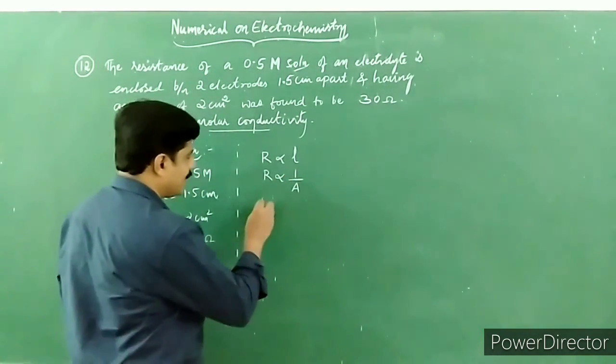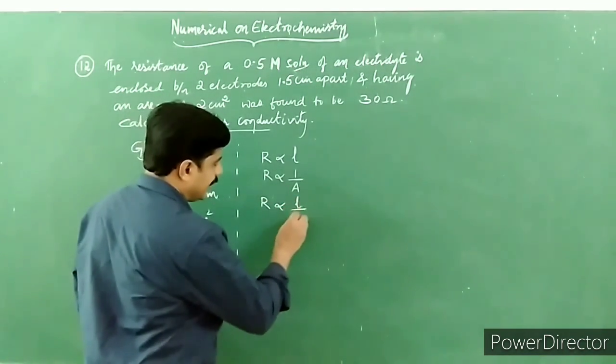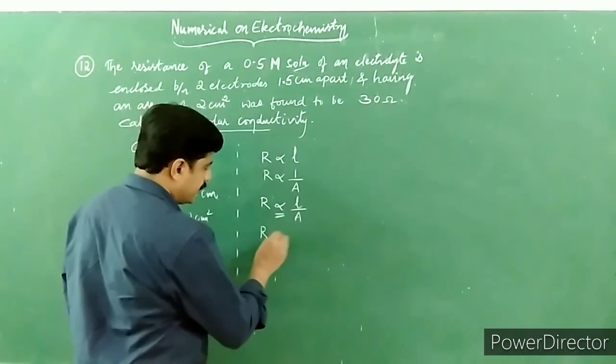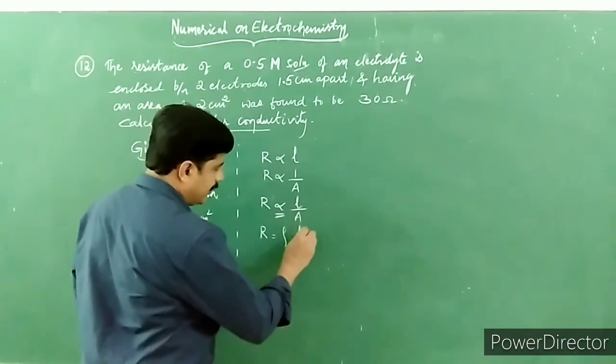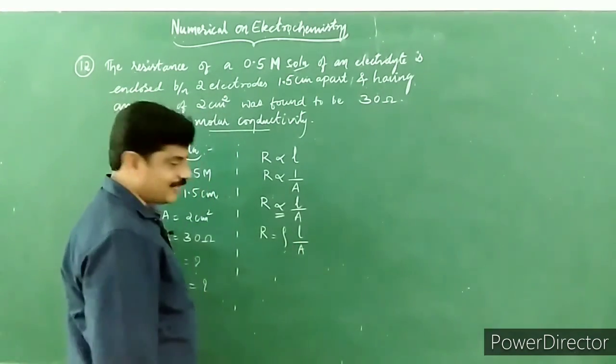Now in that case, look at here, R is directly proportional to L by A, is it not? I remove this proportionality sign. R is equal to rho into L by A, where rho is resistivity, is it not?